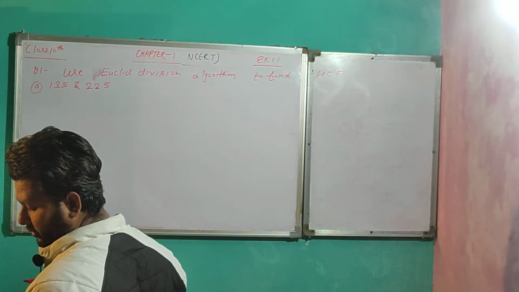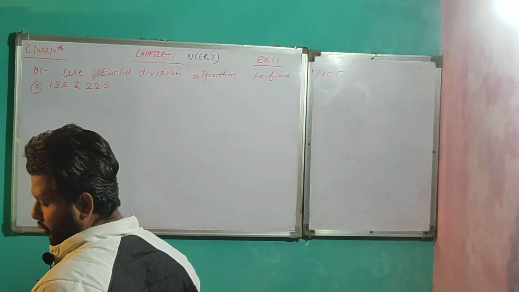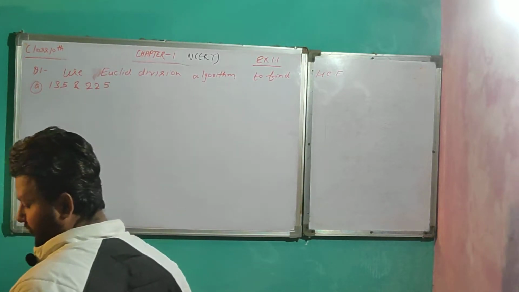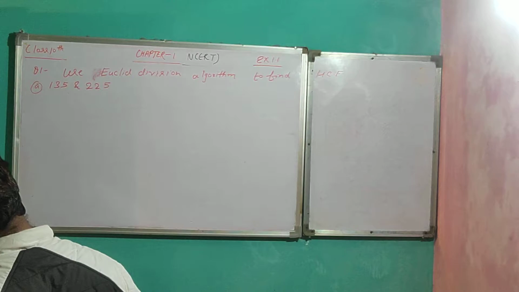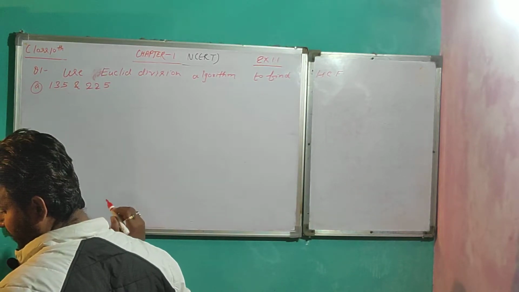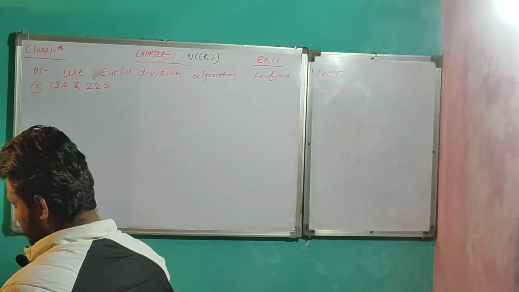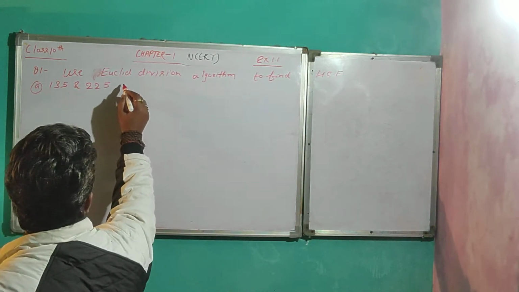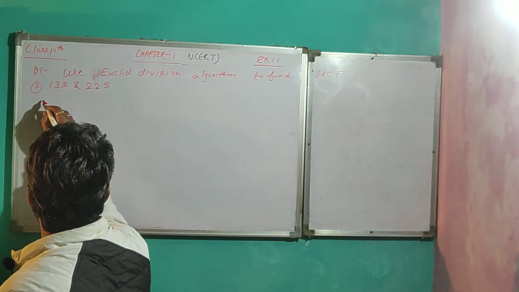135 and 225. So we know about Euclid's division algorithm.